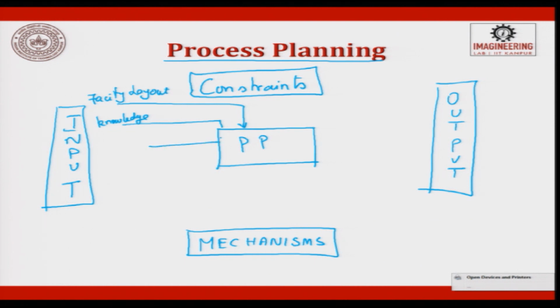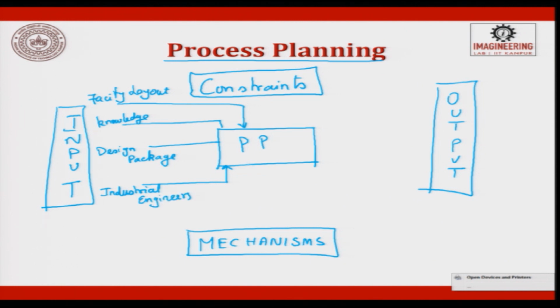Then he must have a knowledge of design packages. He should have an understanding of industrial engineering: how many people are required, how many machines are required, what the cycle time is.